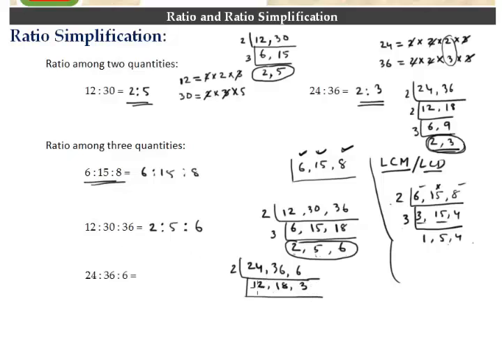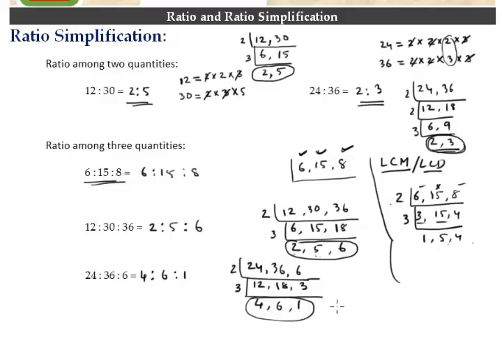For ratio simplification, whatever factor we take must be present in every ratio value. So we can take 3 common, not 2. So it will be 4, 6 and 1. After that we can't take any common factor from 1 other than 1, so we stop here. The simplified version of this ratio will be 4 ratio 6 ratio 1.